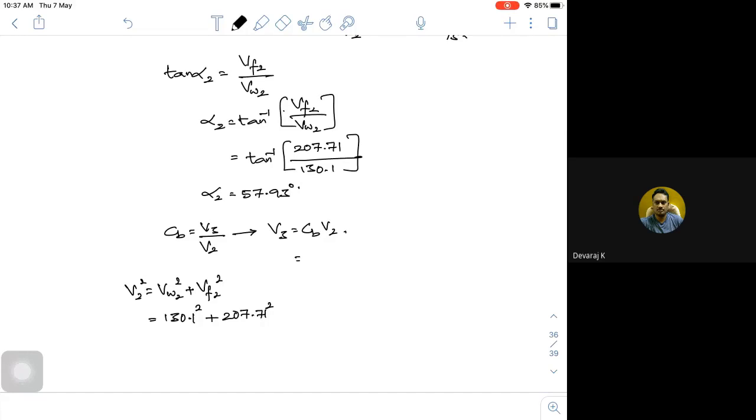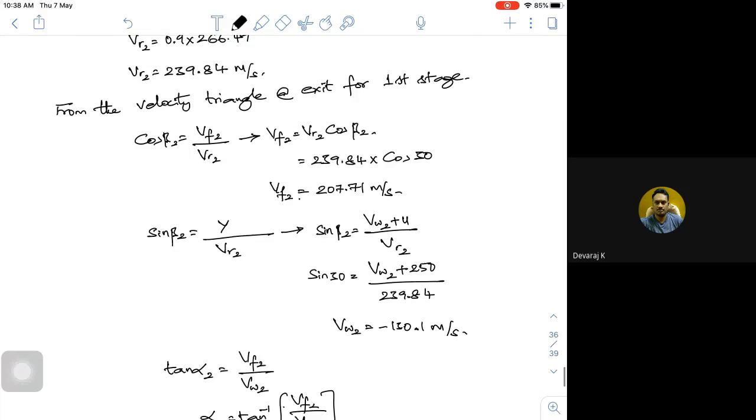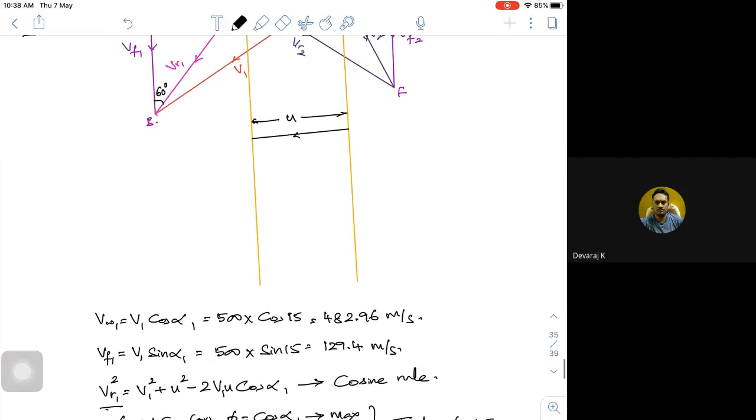It is around 245. So your V2 is equal to 245 meters per second. So 0.9 into 245.09 or so, I am getting around 220.5 meters per second. So this will be roughly a few centimeters. You try to go by this.